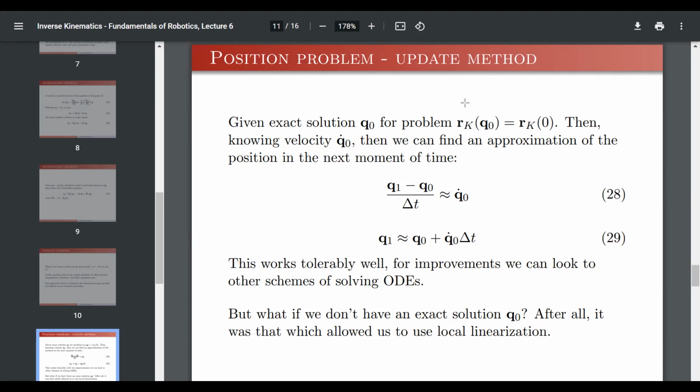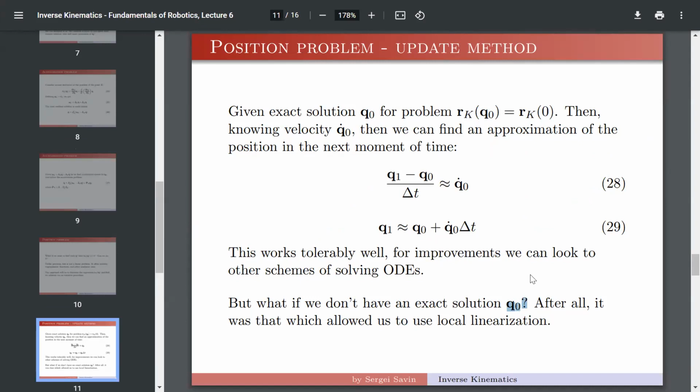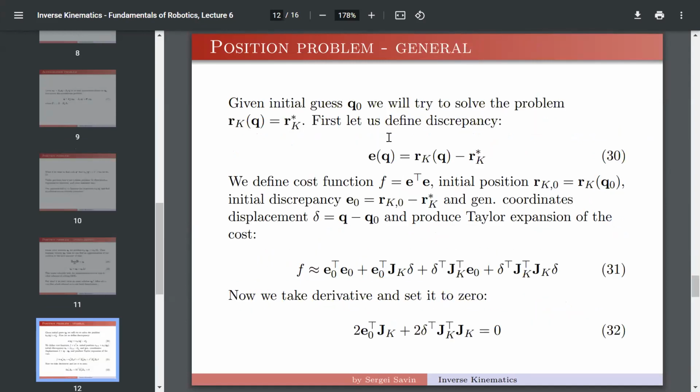Okay. But what if you don't know q0? That is actually very possible. What if you don't know what q0 is? Well, if you don't know what q0 is, you cannot rely on local linearization. What we did before is actually we relied on local linearization. That's how we were able to solve it in one go.